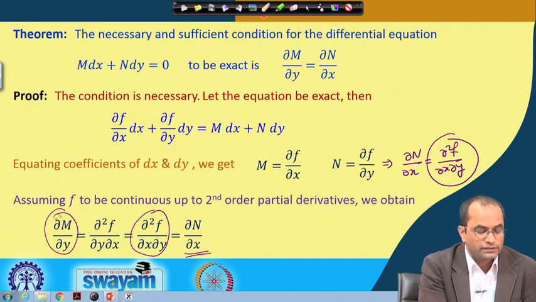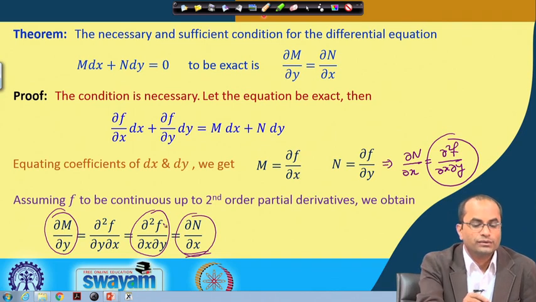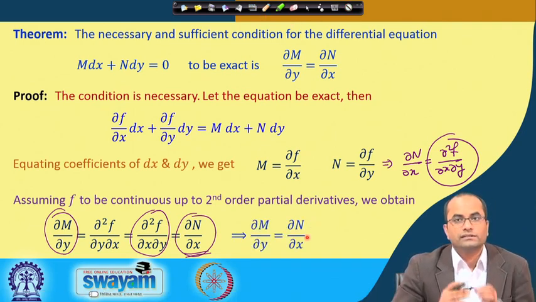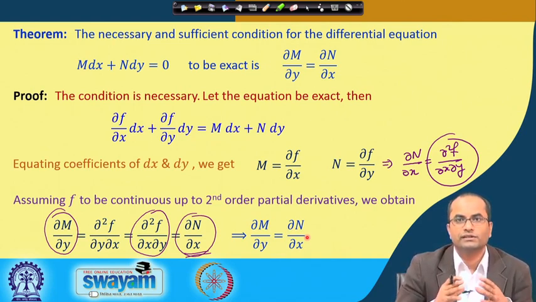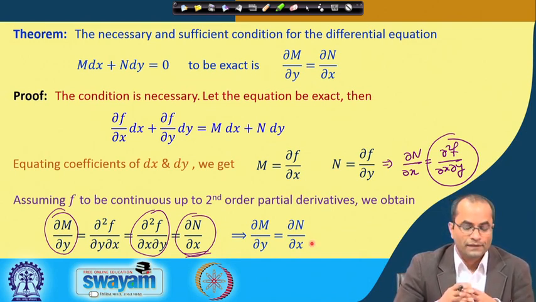So, we got this condition that ∂m/∂y must be equal to ∂n/∂x, and this is the necessary condition, because we started with the given equation being exact, and then we got that this condition must hold.